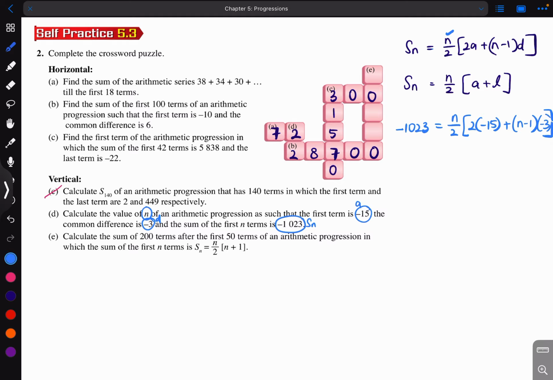Then we try to expand. Two times negative 15 is negative 30. Negative 3 times this will be negative 3n. Negative 3 times negative 1 is positive 3. These two I'm going to bring here, become times.